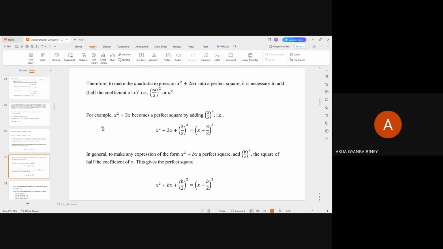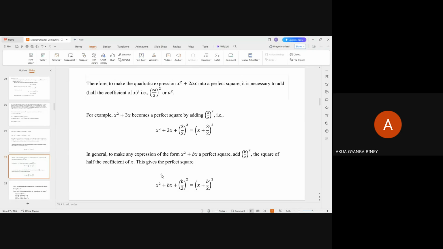For example, x squared plus 3x becomes a perfect square by adding 3 over 2 all squared. So we take the coefficient of x, half it, all squared. So now we have x squared plus 3x plus 3 over 2 all squared, and in this form we can get x plus 3 over 2 all squared. I have made this into a perfect square.